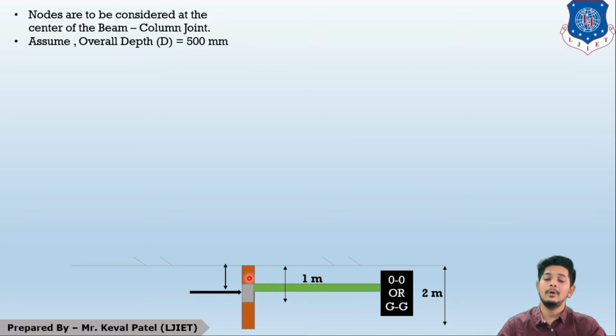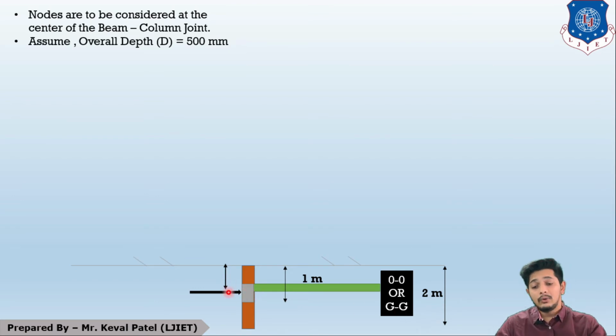This slab will be a base slab or floor slab, which is below the building ground floor. It will be below that. So this height will be approximately assumed as 1 meter, and the total height up to the foundation is taken as 2 meter.